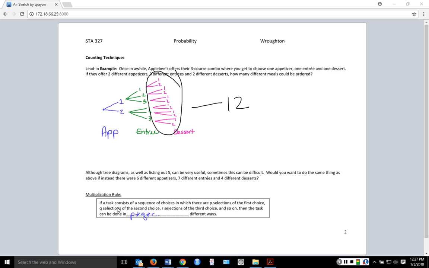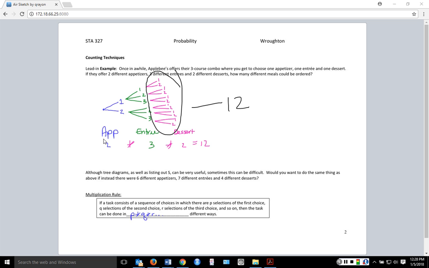And if there are more, we keep going there. So for up here, if we look at it, we had 2 appetizers, 3 entrees, and 2 desserts. And if I multiply those numbers, we get our 12 that we saw from our tree diagram as well.